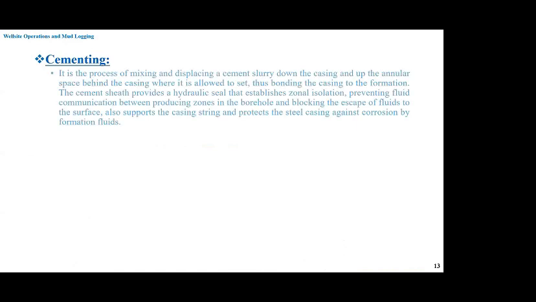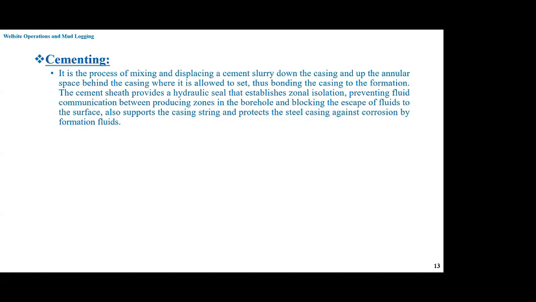Cementing operation is a process of mixing and displacing a cement slurry down the casing up to the annulus behind the casing. Then it is allowed to set, thus bonding the casing to the formation. The most important function of cementing is to establish zonal isolation to prevent fluid communication between different production zones.